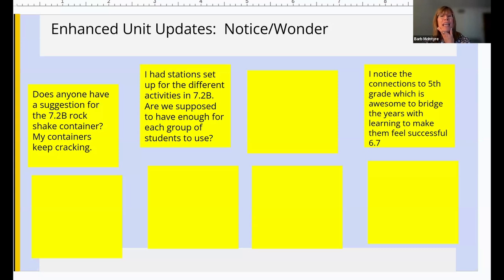For the station set up, which particular activity were you referring to? I'm trying to remember, it was a long time ago. Is it the rock one where you're doing the crayon melting and the shaving of crayons?